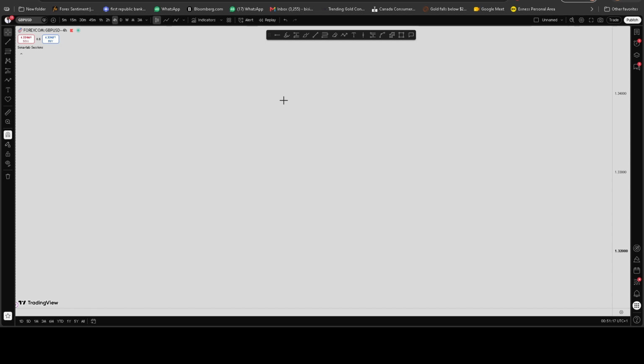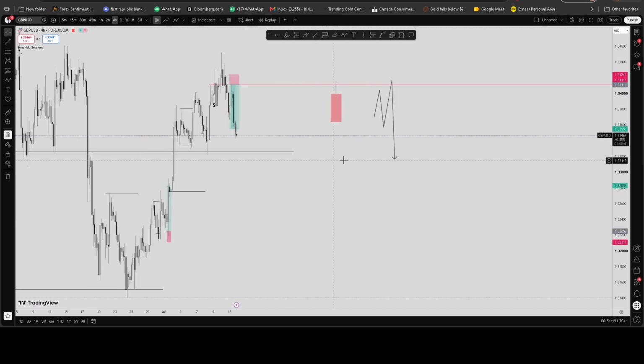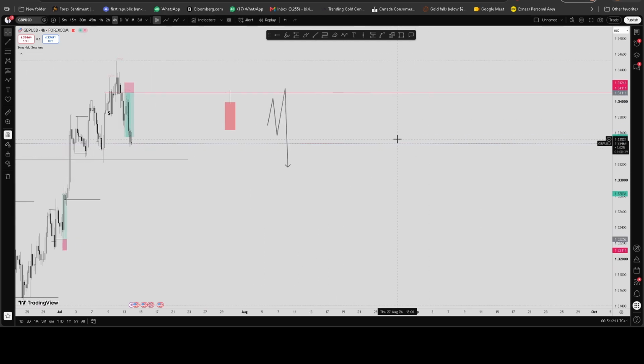What we have is the apex. The most high probability key level is the apex, the QM. These are the most high probability key levels you need to look for. These two are high probability key levels.